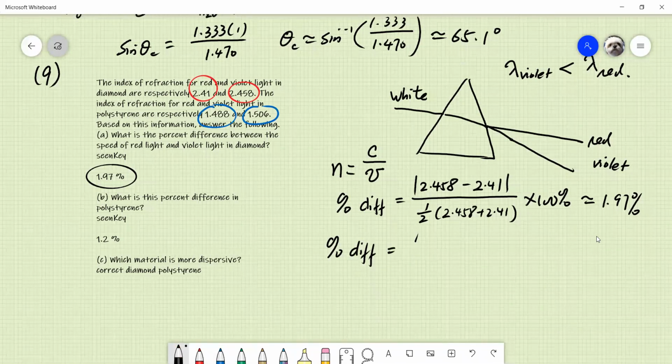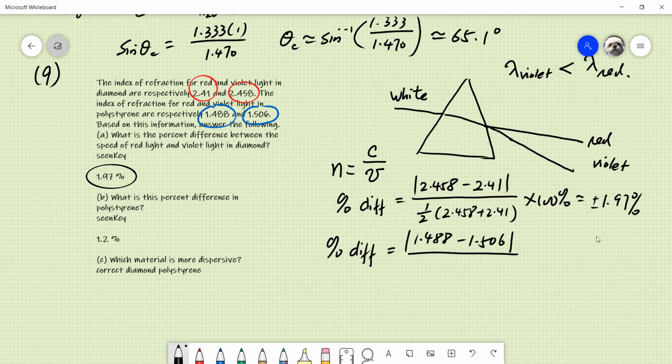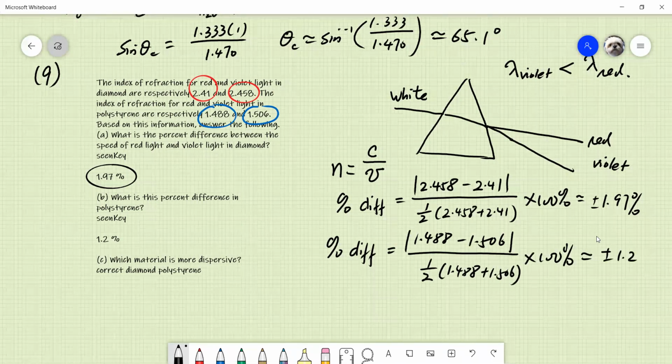That will be 1.488 minus 1.506. Remember absolute value, right? So you should put a plus and minus sign here, but for the answer you don't need to do that. Divided by 1.506 times 100%. So it's going to be plus or minus 1.2%. So you can calculate that.